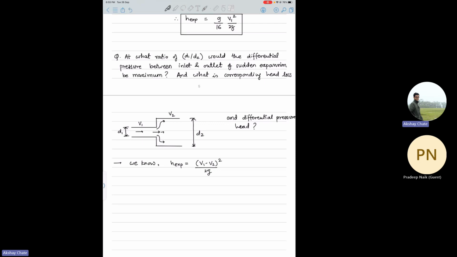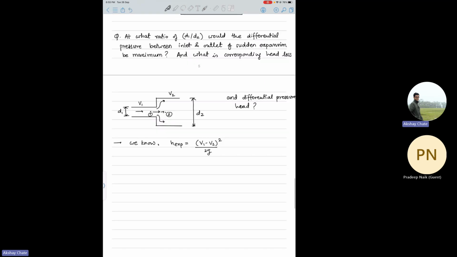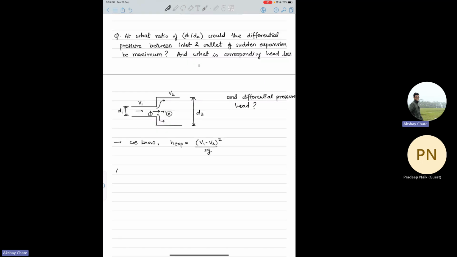Now, the question asks what is the value of D1 by D2 so that the pressure difference between inlet and outlet of the expansion is maximum. So let's say we take the inlet here, very close to the actual geometry, so there are no other losses, only the expansion losses. Between points 1 and 2, we apply the conservation of mechanical energy equation.